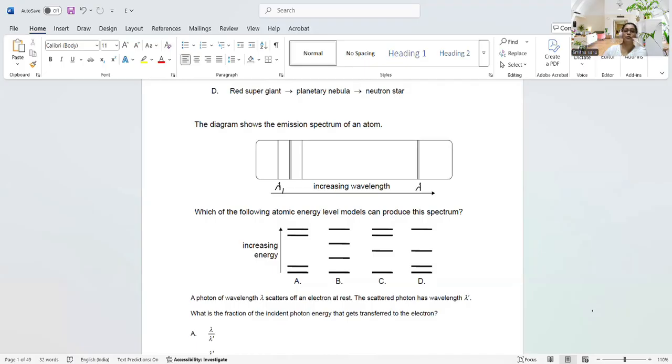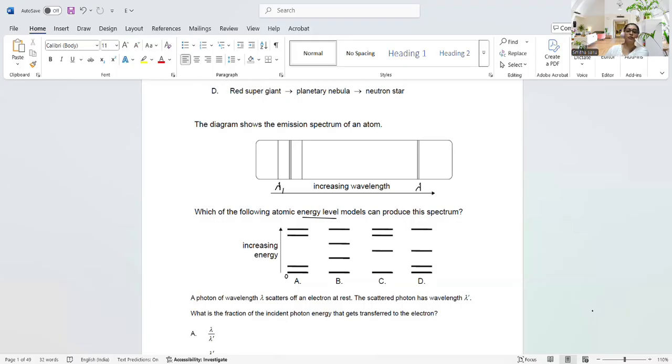Now we are supposed to look at the arrangement of the spectrum, and look at the energy levels that are going to be matching with these increased wavelengths. As you see, the smallest energy level is down, which is level 0, and the highest energy level is at the top.